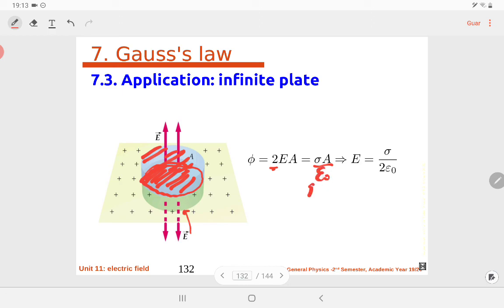Careful here, because it needs an epsilon sub 0. So we just take away both A's, and we end up showing that the electric field provided by an infinite plane of uniform charge is given by the surface charge density divided by 2 epsilon sub 0.